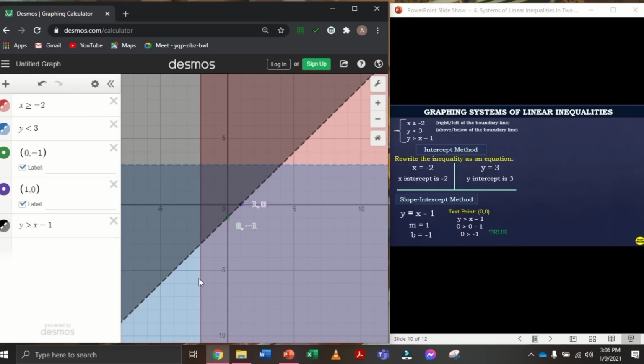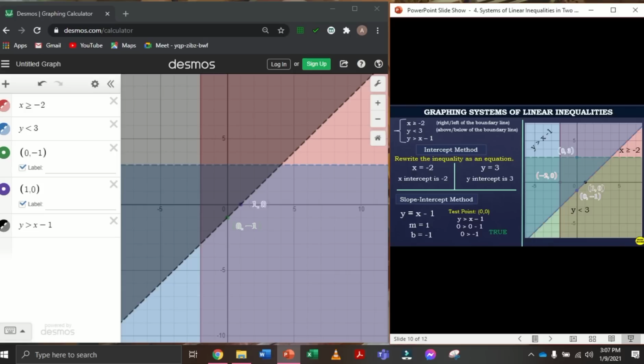Okay, so ayan. Ito yung sa pangatlong inequality mo. Now, paano natin malalaman ang solutions kapag tatlo ang inequalities? So, dito ka titingin. Ito po etong darker shades, yung kung saan nag-overlap yung tatlo, yan po ang ating solutions ng tatlong inequalities. Okay? So, therefore, this is the graph. Ito po siya.